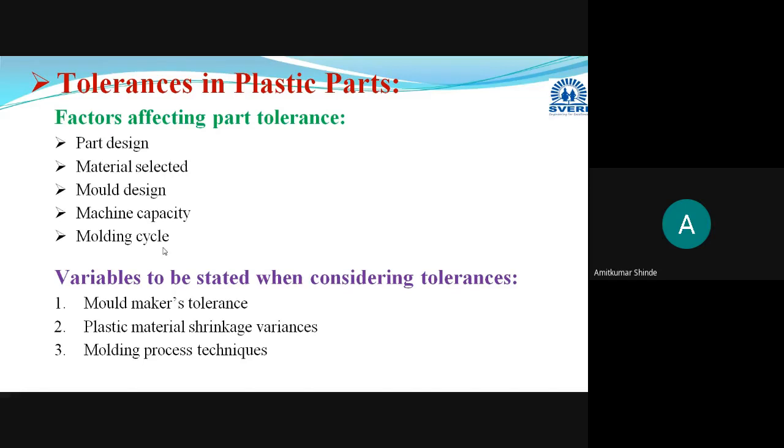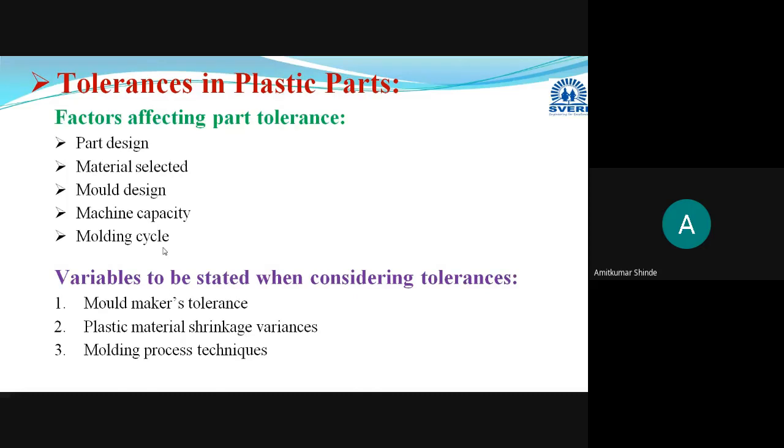And then the mold design: the number of cavities used, the size of the cavity used, the design of the gating system and the design of the cooling channel are all parts of the mold design, and this will affect the part tolerance values.